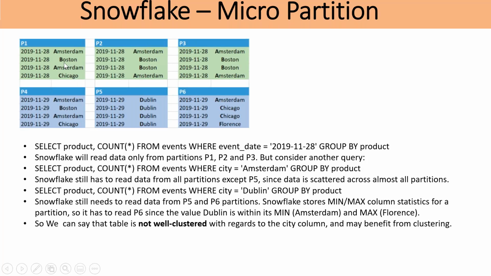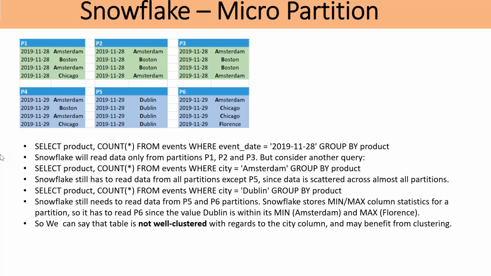Guys, other folks are also following, right? Sir, can you come again please, for Amsterdam? When you say where city is equal to Amsterdam, how many partitions does it have to scan? Five partitions, right? When you say Dublin, how many partitions does it have to scan?